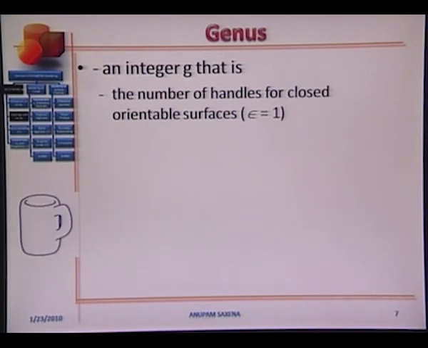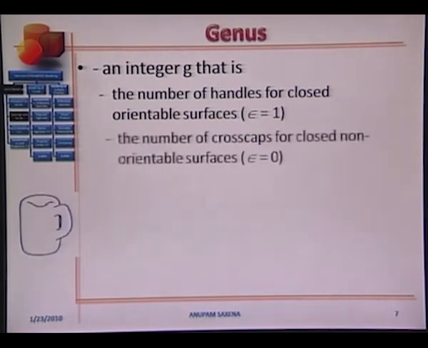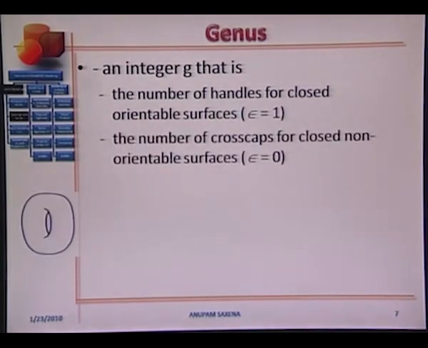This is what I mean by a handle. Or genus is equal to the number of cross caps for closed non-orientable surfaces for which the epsilon value is 0.